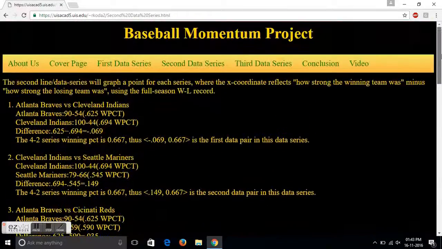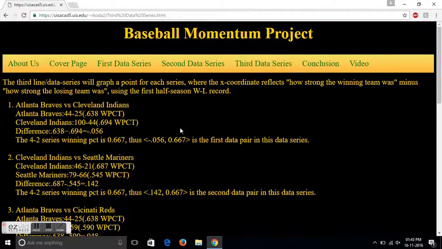Coming to the third data series, here also we are going to plot a graph with the x coordinate reflecting how strong the winning team was minus how strong the losing team was. And here we are going to use the first half season W minus L record. For example, considering the Atlanta Braves versus Cleveland Indians match, Atlanta Braves was the winning team.